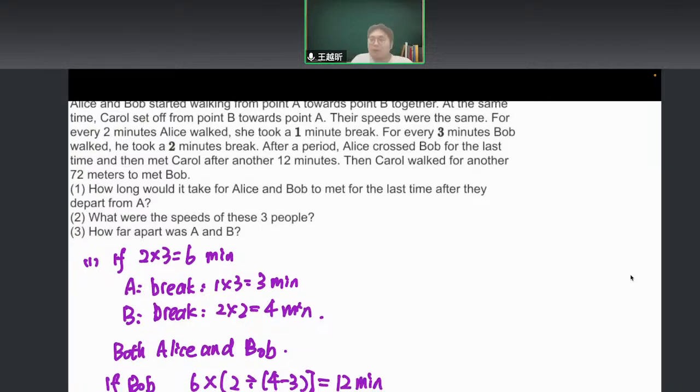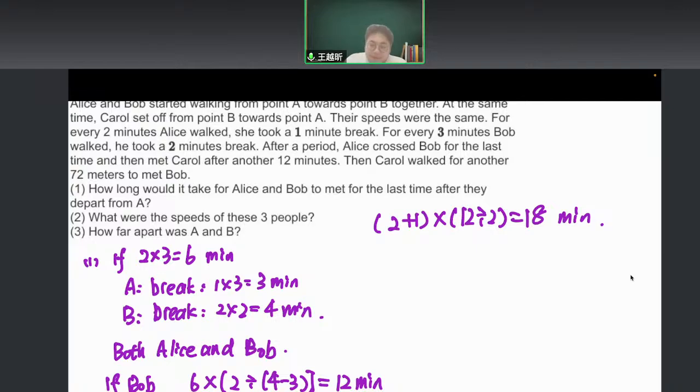Okay? So after that, if Alice and Bob meet at the last time, it will take 2 plus 1 and then times 12 divided by 2 equals to 18 minutes. So here is the first question, and now let's look at the second one.